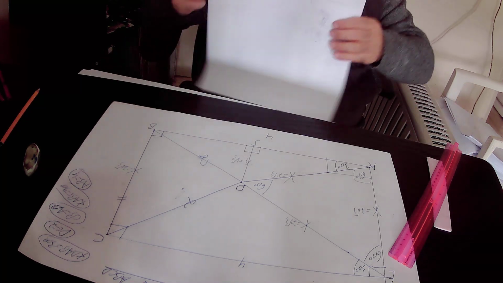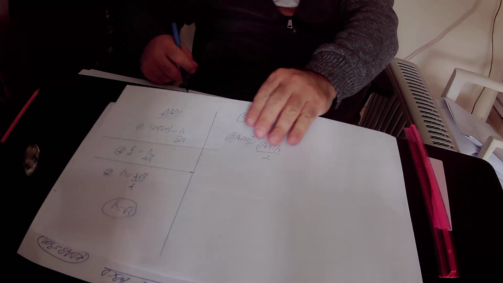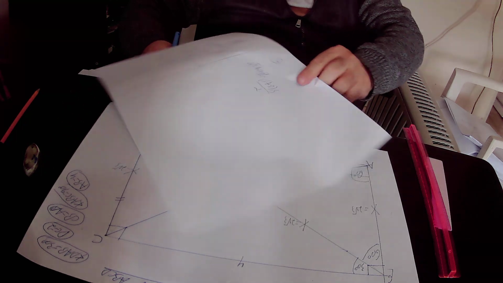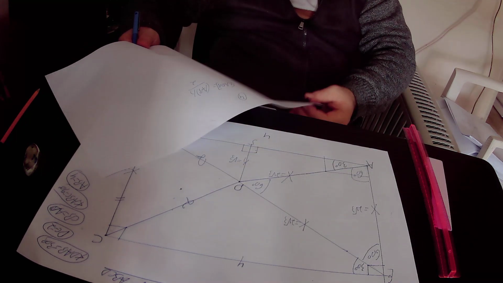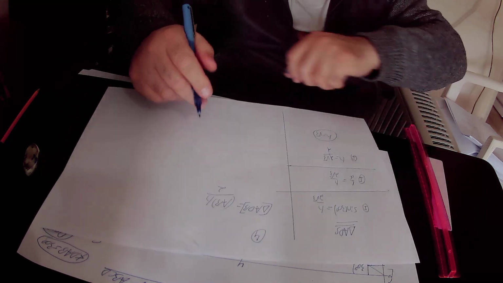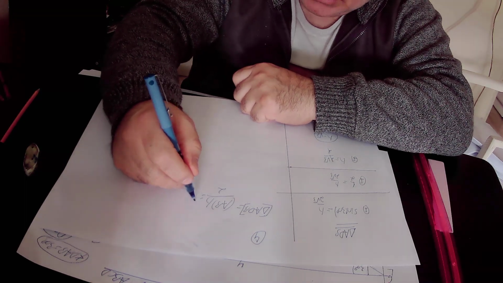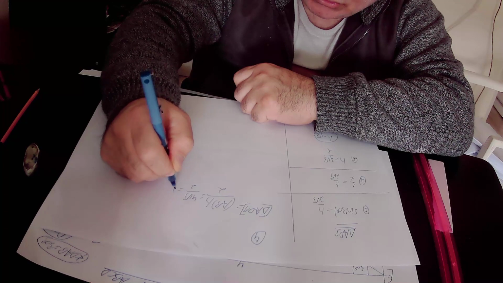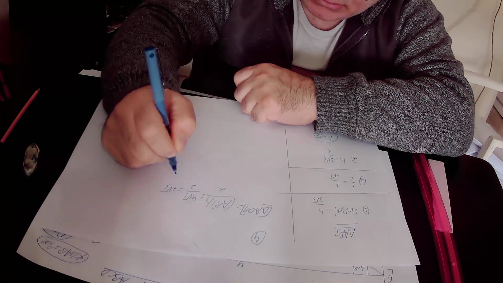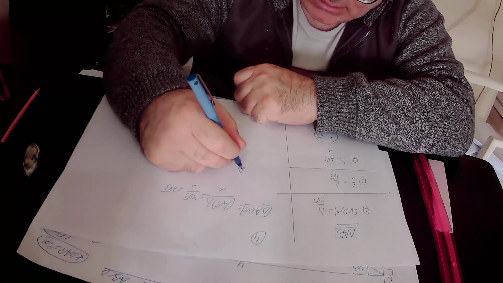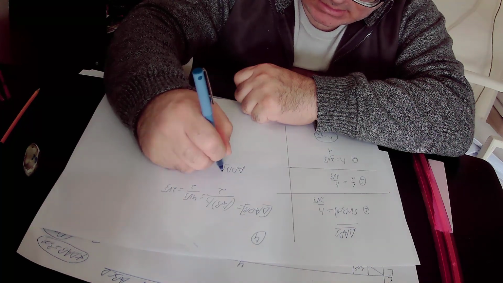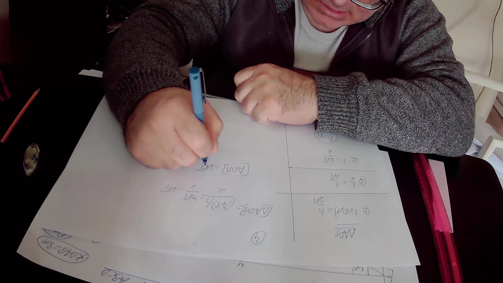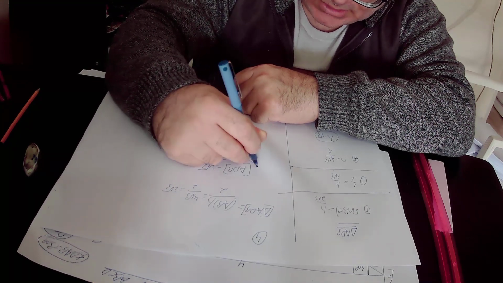So the area of triangle ABD equals AB is 4 units, H is square root of 3 units, over 2. 4 over 2 is 2 times square root of 3. So we found out that the area of triangle ADB equals 2 times square root of 3 square units.